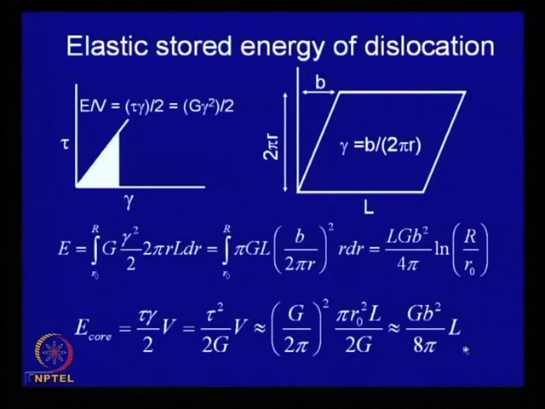If you substitute this you get something of the order of G b square over 8 pi L. So, basically what it amounts to is that it is much less compared to this factor.